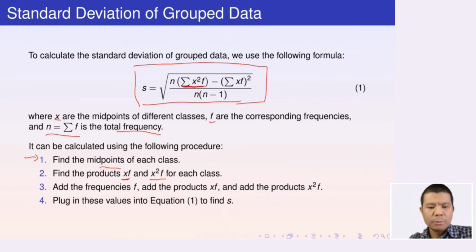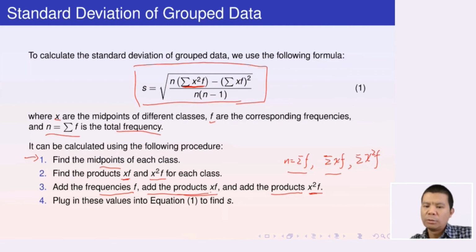Then you add the frequencies, the products xf, and the products x squared f. So n is the summation of f, and adding these products you get the summation of xf and finally the summation of x squared f.